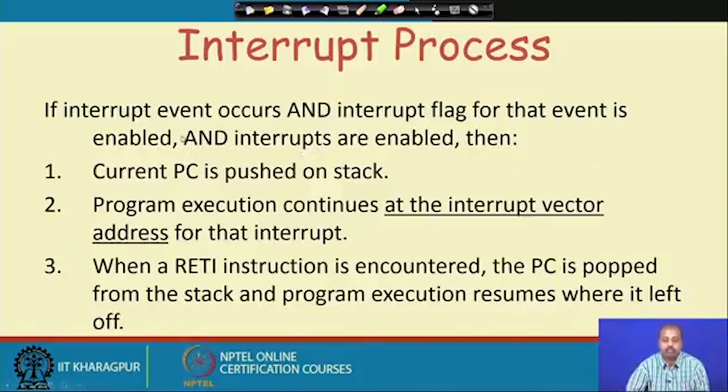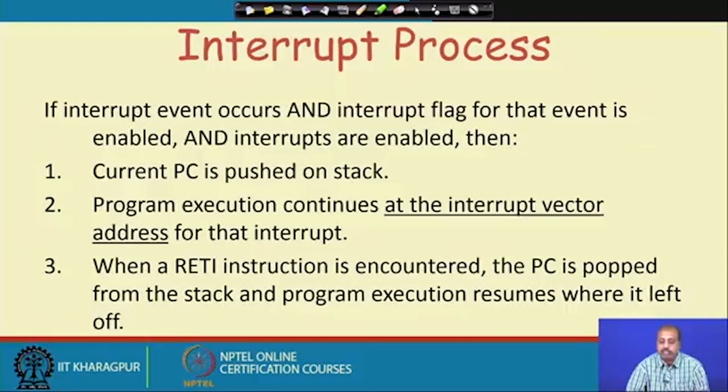If the interrupt event occurs, the interrupt flag for that event is enabled and interrupts are enabled, then the interrupt will be recognized. First of all, the interrupt should be enabled, as we have seen for 8085, where all the interrupts should be enabled and we can have masking of interrupts.